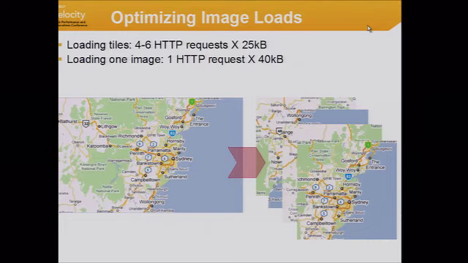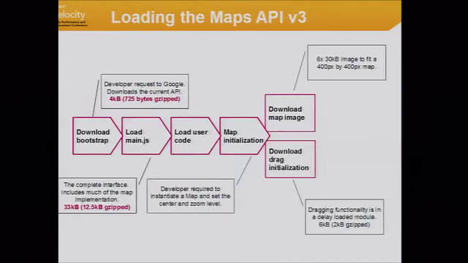So it does mean that we're loading the same pixels twice for that initial load, but it has reduced the time to load a map by seconds on the mobile device. So here we took the 6 30 kilobyte images and instead load one 40 kilobyte image. It also means that we're loading that in parallel with the drag initialization.